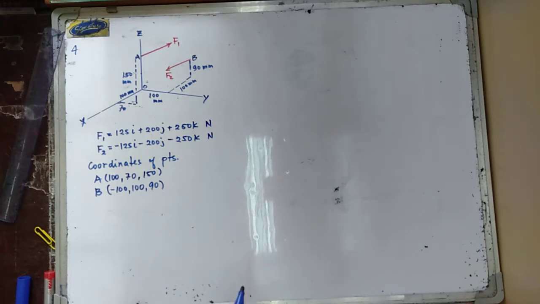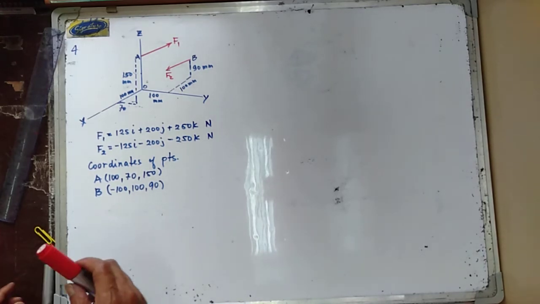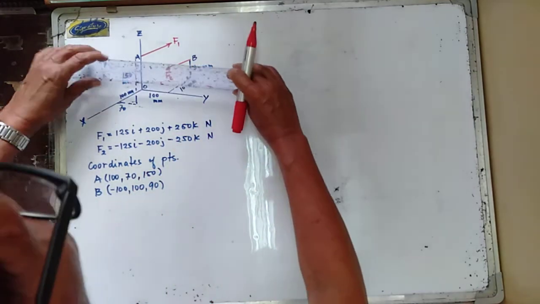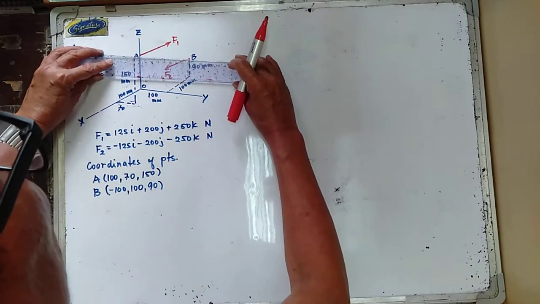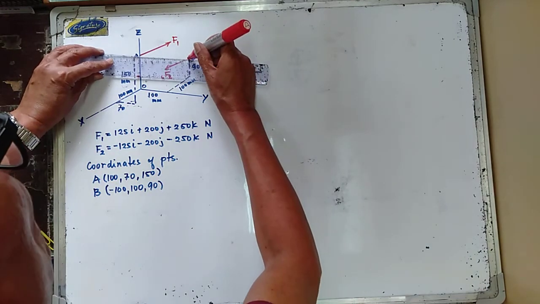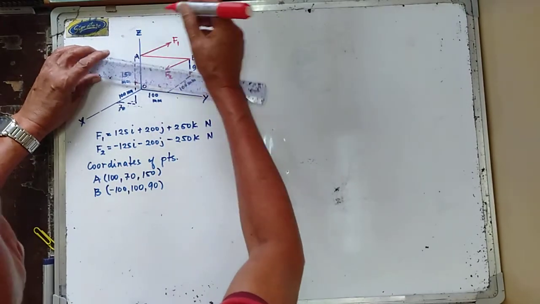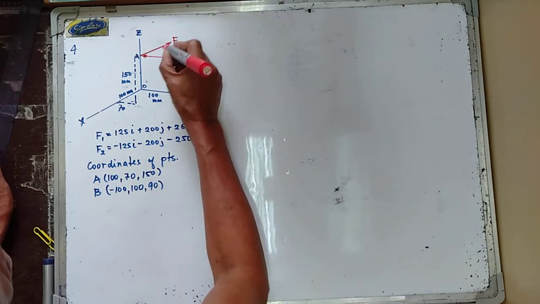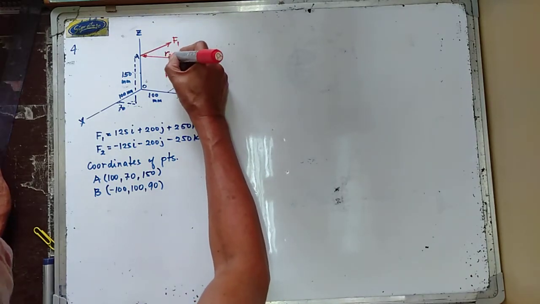So let us try to introduce a position vector from point B to point A. This is now the position vector that we are going to introduce. So this is from point B to point A, and that is now your RBA.